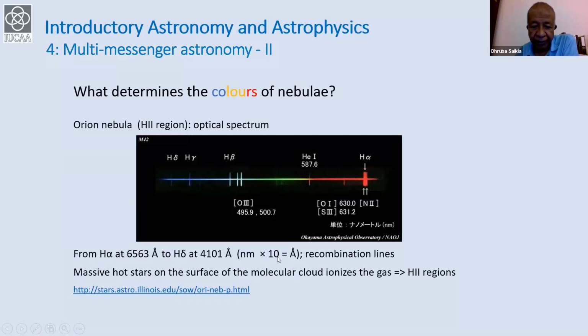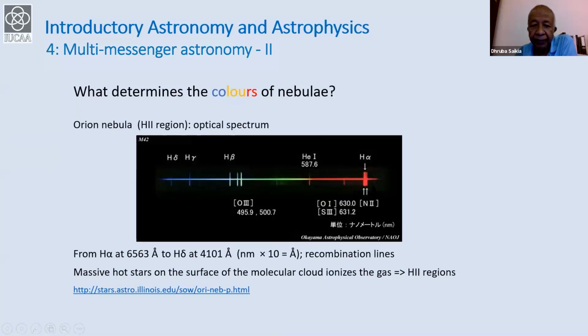So nanometers multiplied by 10 will give you angstroms. These are the recombination lines which you see. These lines which you pick up will also affect the color of the diffuse nebulae that you see. And hydrogen being the most prominent one, you'll often see a reddish glow in many of these ionized regions of hydrogen.